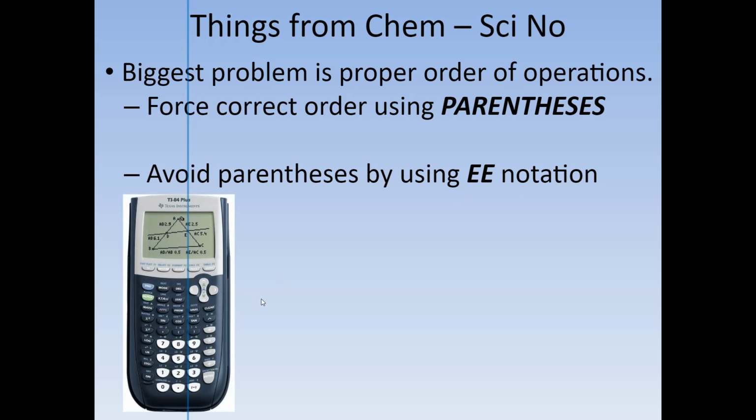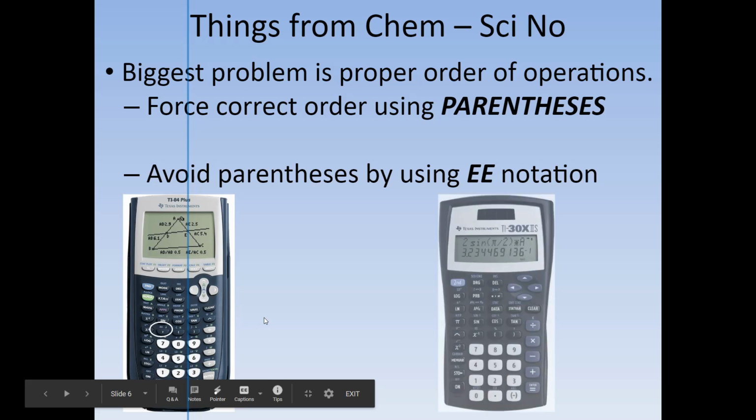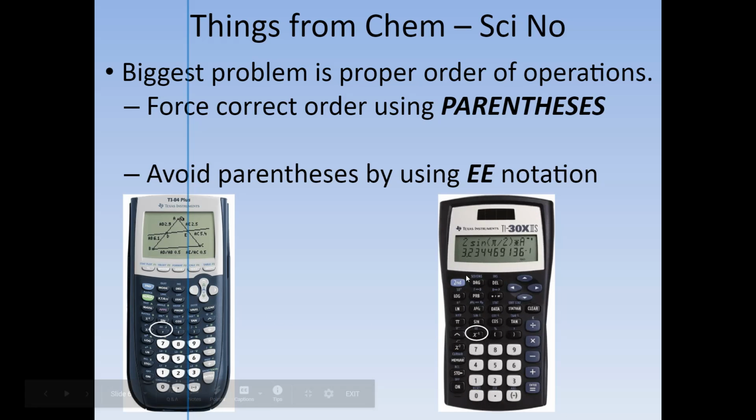So in the graphing calculator, typically on most calculators, it's right above the 7. So you would normally have to go into the second and then hit here. You would see these two capital EEs. What this does is it gets rid of the whole times 10 to the factor and allows you to turn it into one complete number.